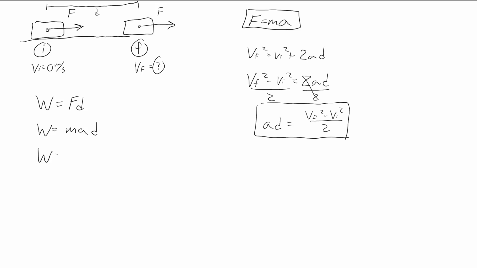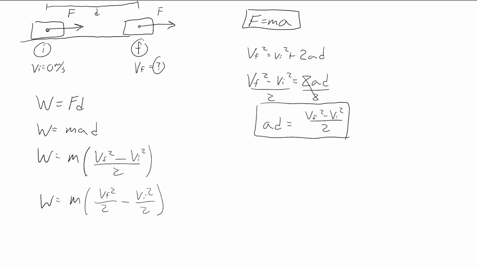So now we have work is equal to the mass times vf squared minus vi squared divided by 2. We can rewrite that as the mass times vf squared divided by 2 minus vi squared divided by 2. Now we can distribute.